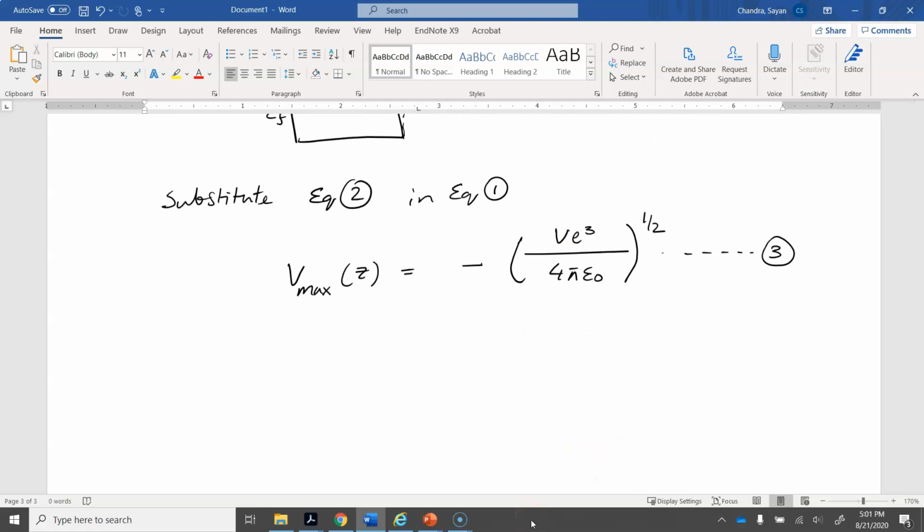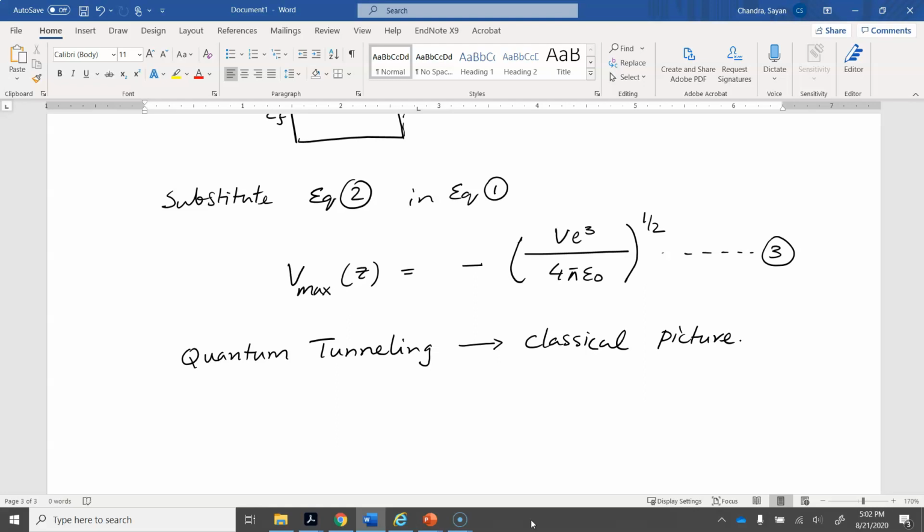The whole idea of doing this math is to look at quantum tunneling in a classical picture.